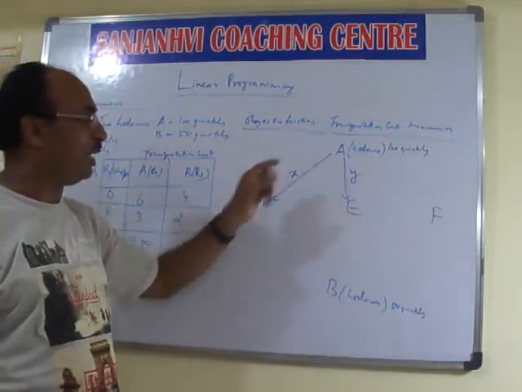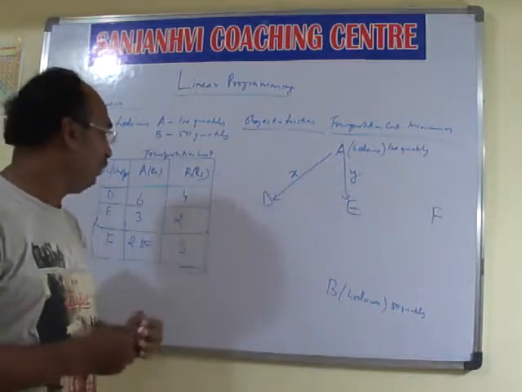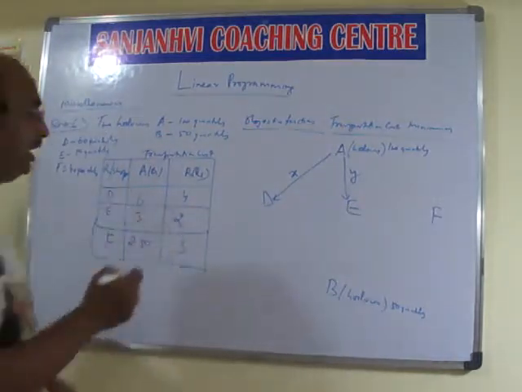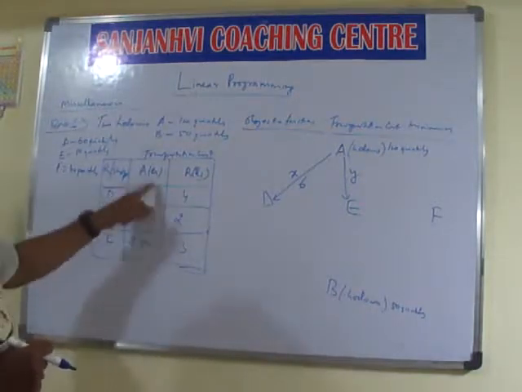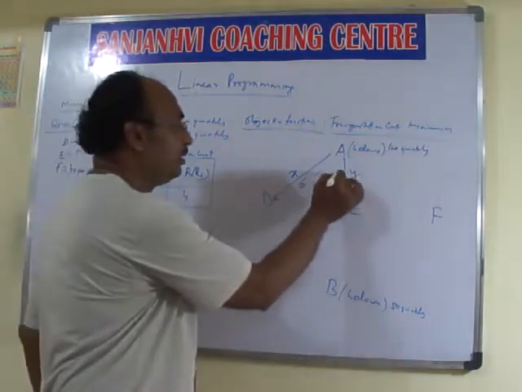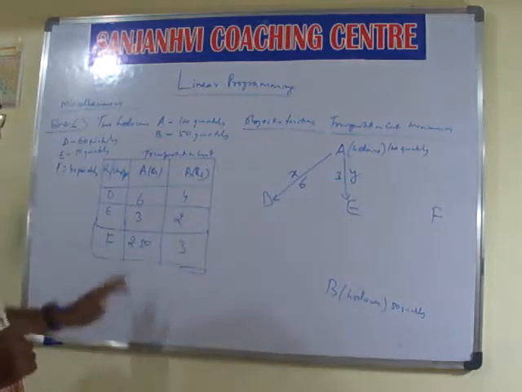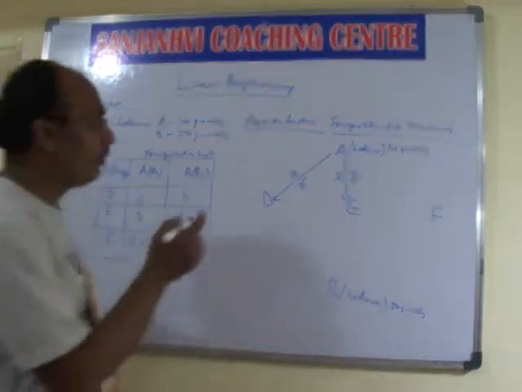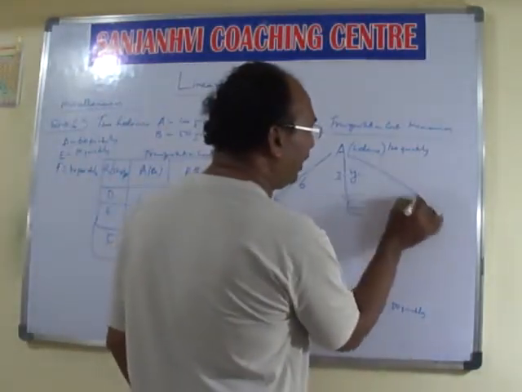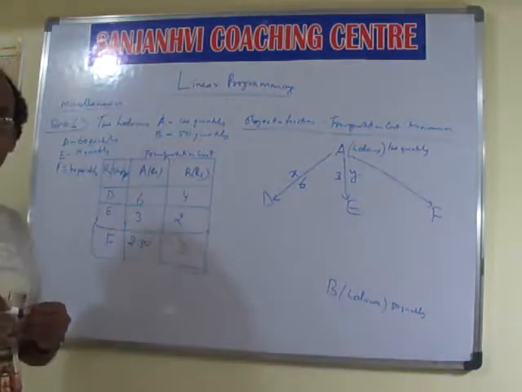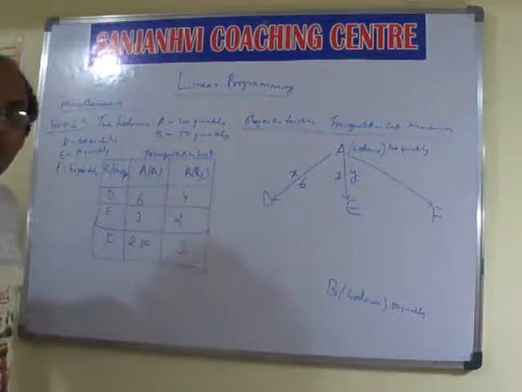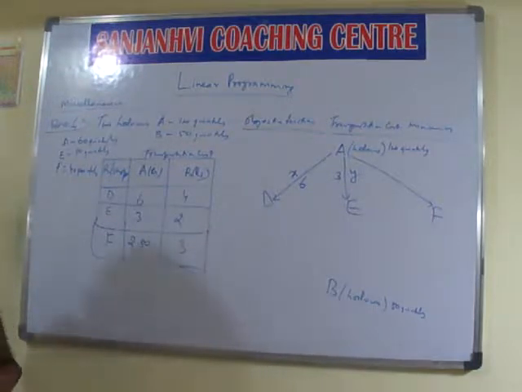So A has supplied X quintals to D, with transportation cost 6 rupees. For E, it is 3 rupees. We will not put Z, because Z will create confusion.